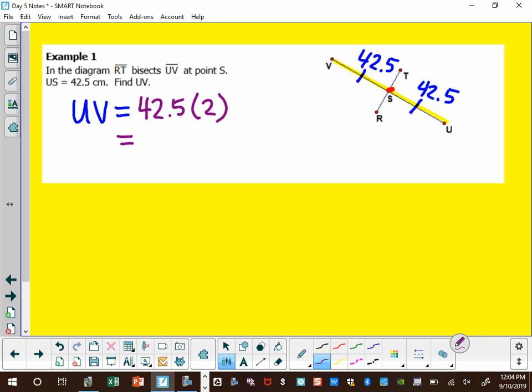What do we get for UV? Add them together, or you can multiply by 2. 85. So the measure of UV is 85. If you wanted to do 42.5 plus 42.5, you get the same answer.